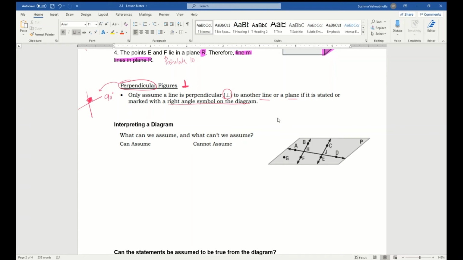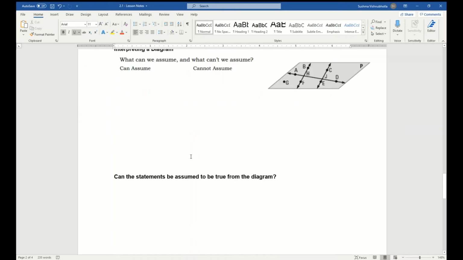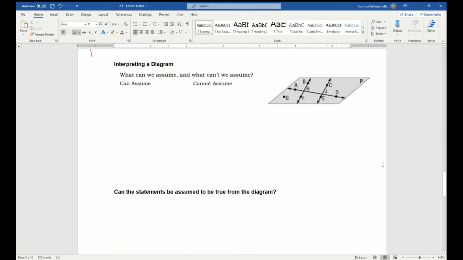If you don't see this or this word, no matter how straight those lines look, you cannot assume that they cross at 90 degrees. Okay, and that's what we're getting at here, is that when you're given a diagram, there's certain things you can assume and there's certain things we cannot assume from a diagram. This actually goes with that. All right.